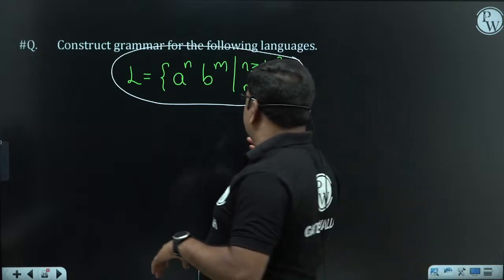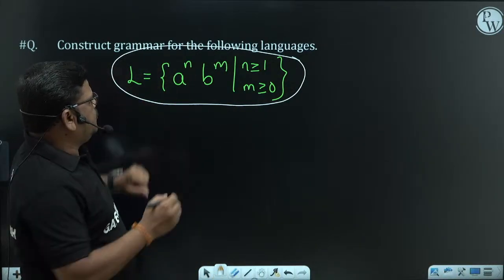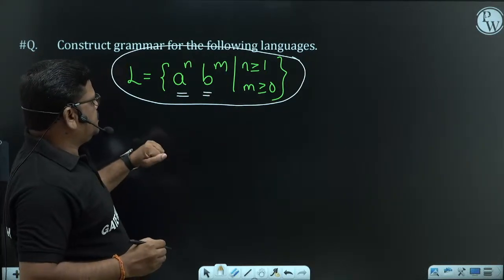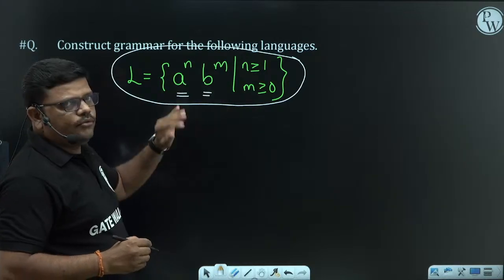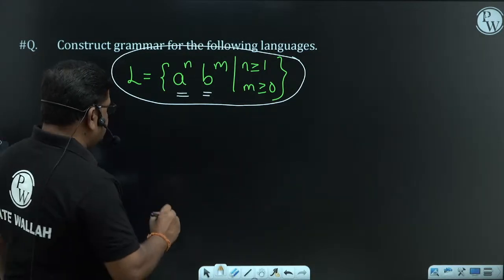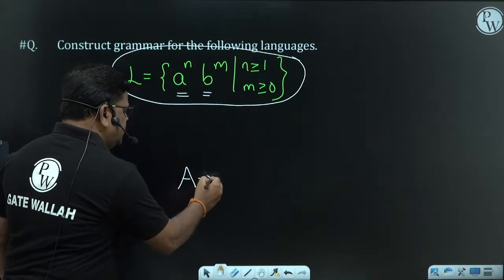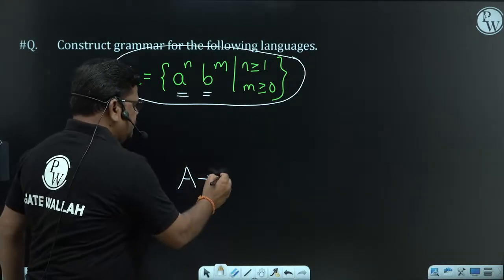So here what is this? Number of A's followed by number of B's. So A's you generate recursively, B's you generate recursively, one followed by the other. So for this, capital E, I am taking a non-terminal. This non-terminal I am using for generating number of A's recursively.